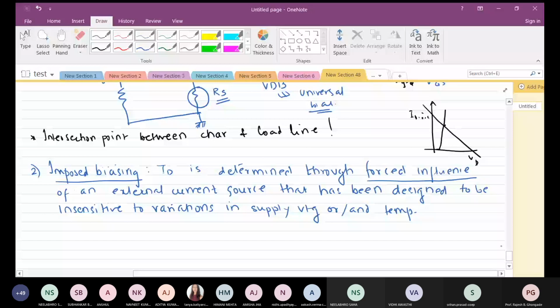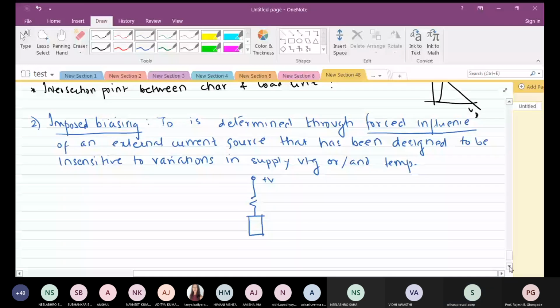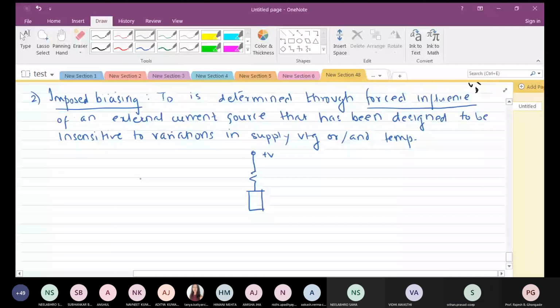So we have this type of bias. There is a reference voltage called VREF. This is going to be your ID.